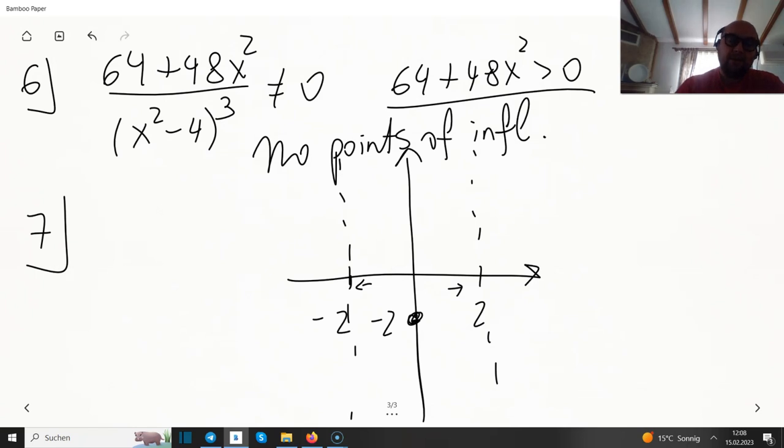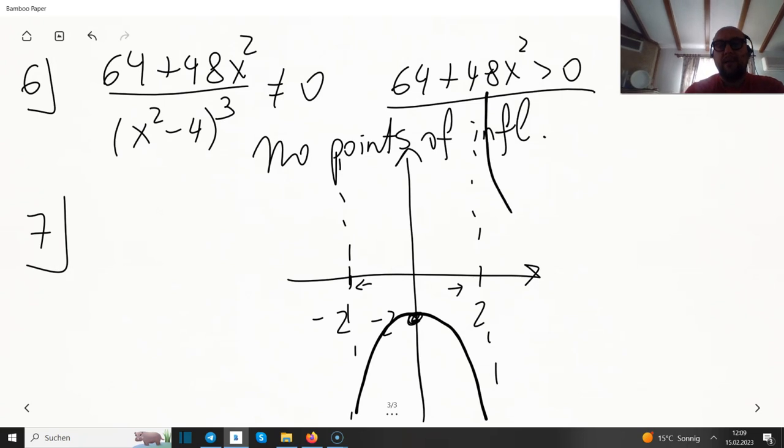So I'll figure out this is a kind of parabola living inside this hyperbola. It's symmetric. And next to 2 from the right hand side, we're going to minus infinity, and we have no points of inflection, so we're never changing our curvature. Once again, if you need, plug in 4 or something, and you will see that the graph looks like that. And because of the symmetry, it must be the same here.